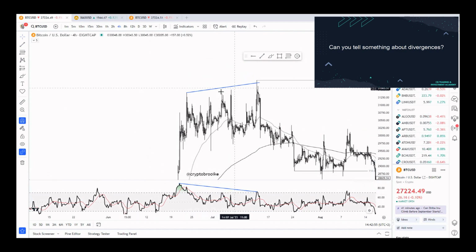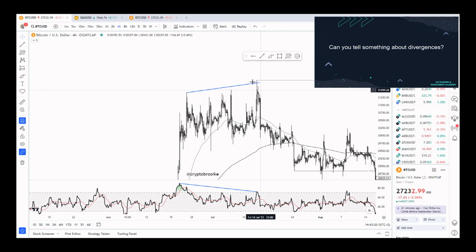So the divergence means that the price chart is showing something different than the RSI chart, which means if price moves up this much but RSI doesn't, then that says something about buying pressure, or about how much there's been bought.